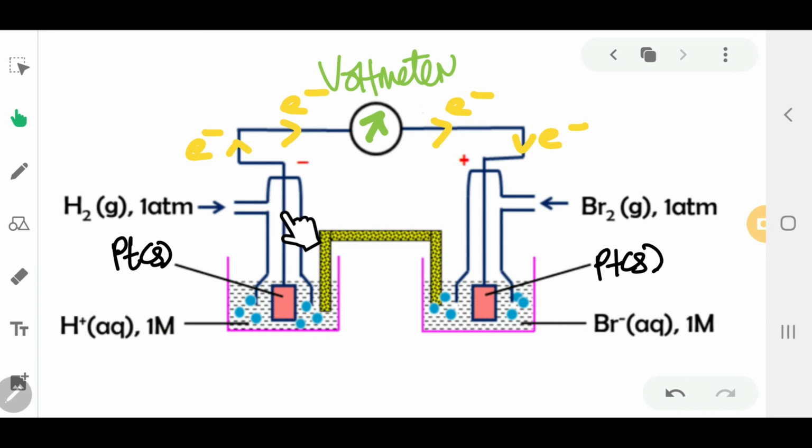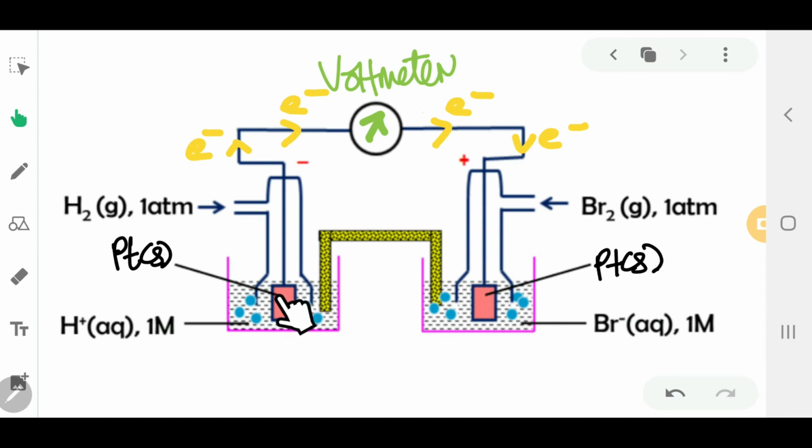So the gas will travel down the glass, and the reaction will start to happen on the platinum. So the platinum is just an inert catalyst. Okay, so it's just going to be preparing the medium for the electrolytes, for the H plus aqueous to be able to react in there.